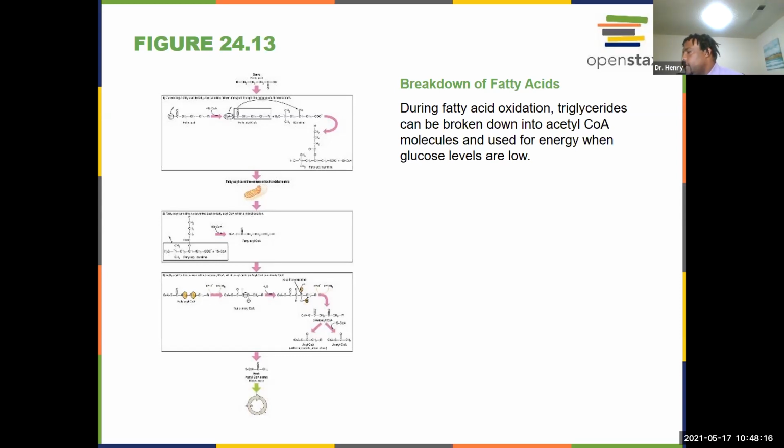Carnitine is an amino acid that is often used. It's an intermediate amino acid that is only used for fatty acid metabolism, right? And so, have you heard of people taking carnitine to help their metabolism for weight loss or muscle development?